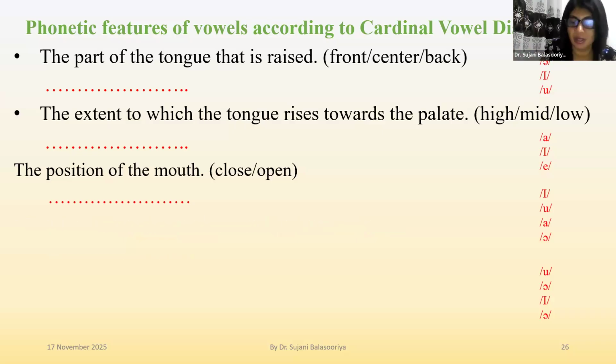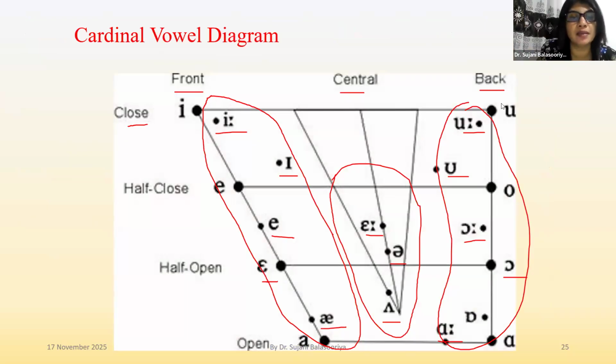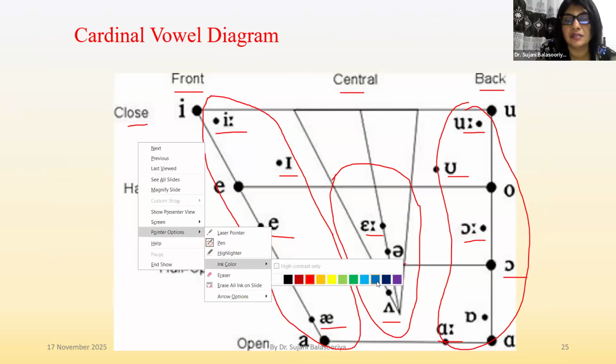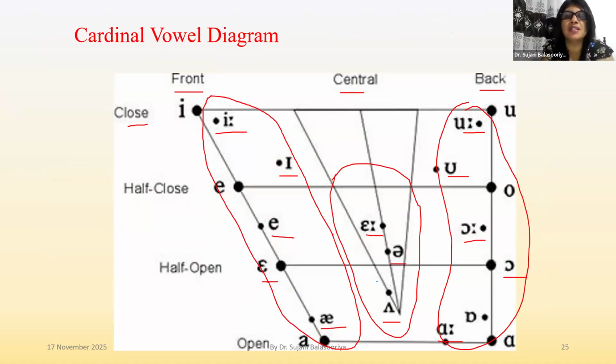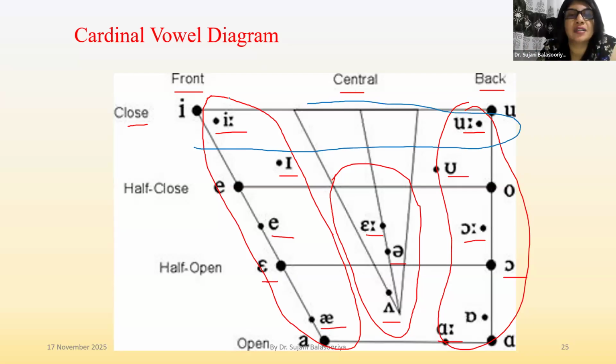So you can look at it from the cardinal vowel diagram. If you refer to the diagram here, the words are not given, right, in the cardinal vowel diagram, but you can find it. Okay, I'll use a different color. Right. Okay, so where are the high vowels? Can you just look at this cardinal vowel diagram and tell me what high level of the tongue means? Where do you find the high level? Can you tell me the high vowels? This is the high level, right? E, U, right?